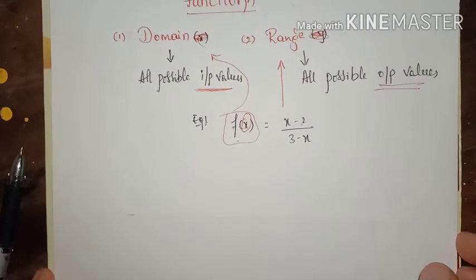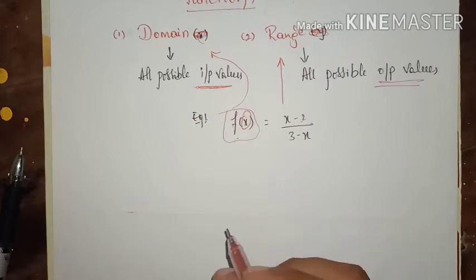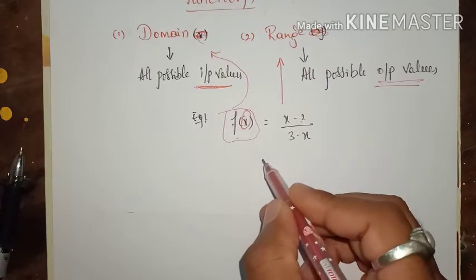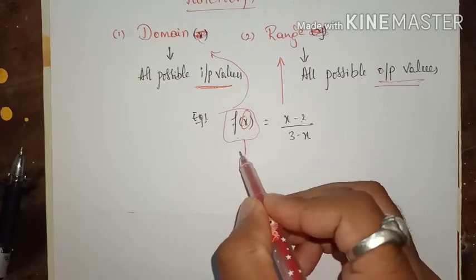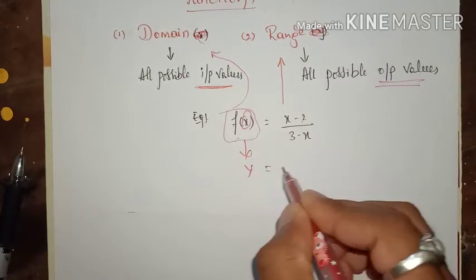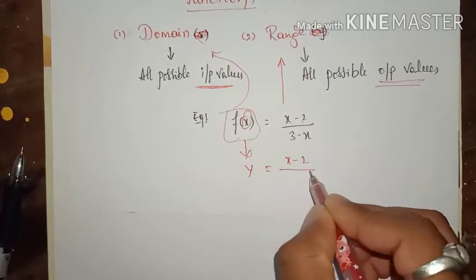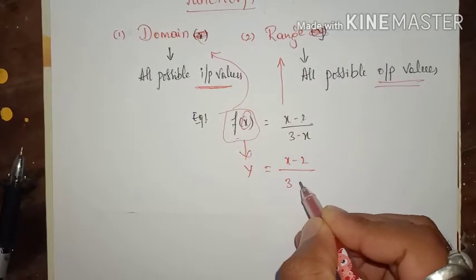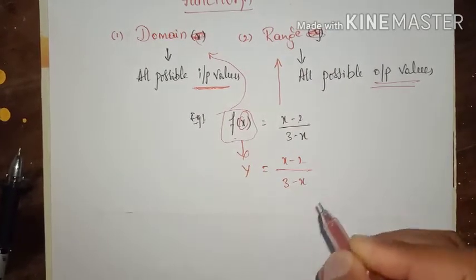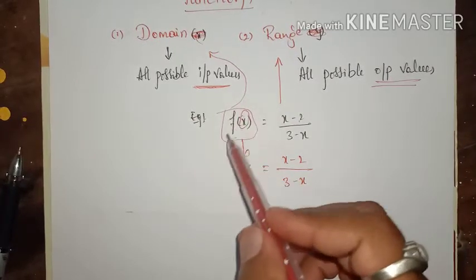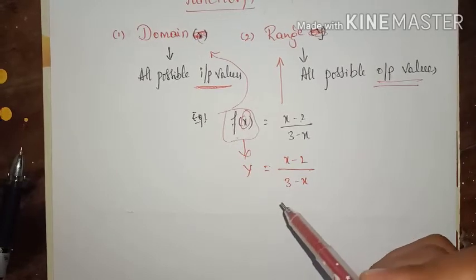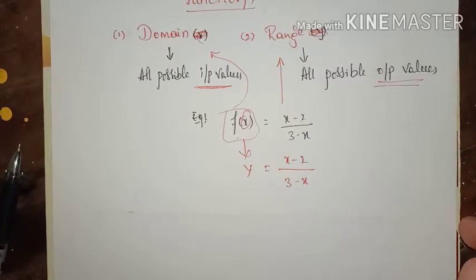Let me tell you some more important points regarding this, especially in any expression. For example, y is equal to (x minus 2) divided by (3 minus x). Sometimes students take f of x as y, and we simplify this in the simplest form.